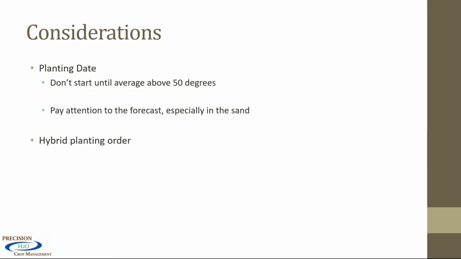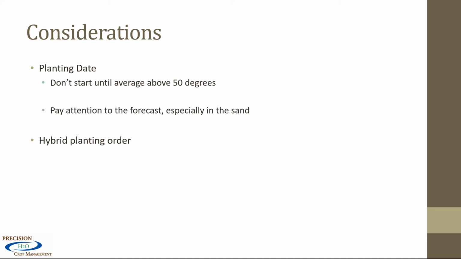So just some general considerations to think about when selecting planting date. Don't start until that average soil temp is above 50 degrees and consistently above 50 degrees. In the sand, the soil temperature is reflected in the air temperature, and what I mean by that is that soil temperature follows the air temperature very closely in a sandy soil.